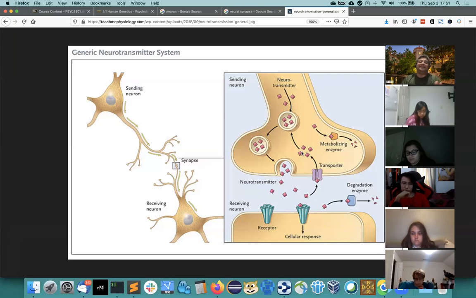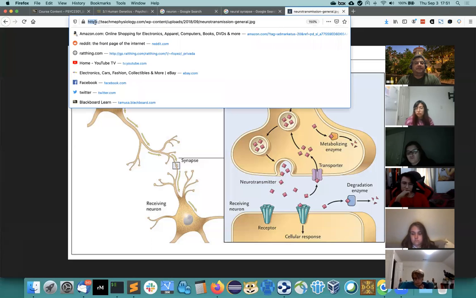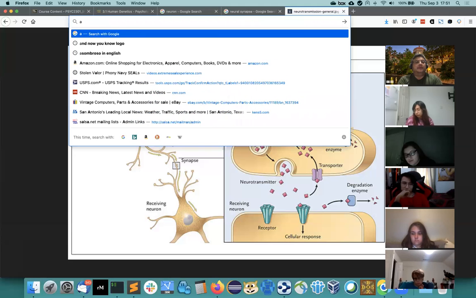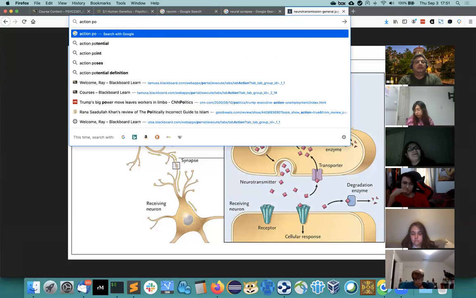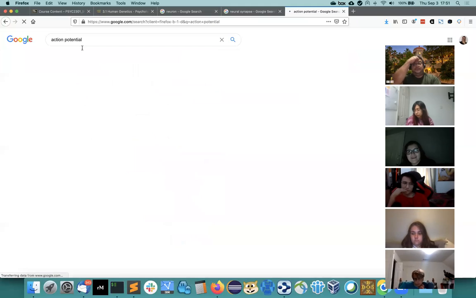Okay, so that's basically fundamentally how neuronal transmission and neuronal communication work, right? One of the things about the action potential.